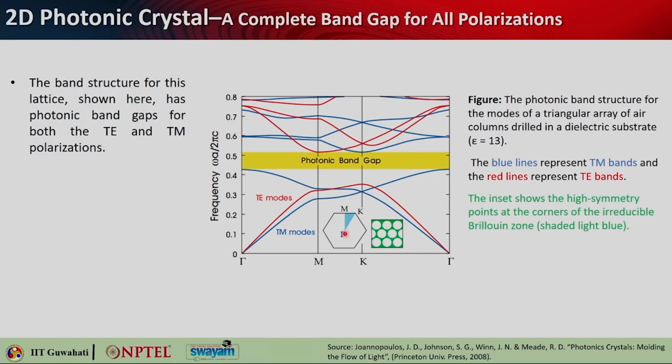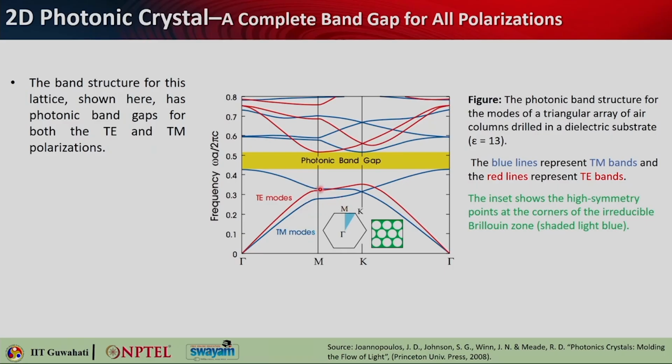What are the important points? We will start with gamma, gamma to M, M to K and back to gamma. Once you do the calculation, you will see that you get the band gaps for TE and TM modes to overlap. Here this is the TM band gap.